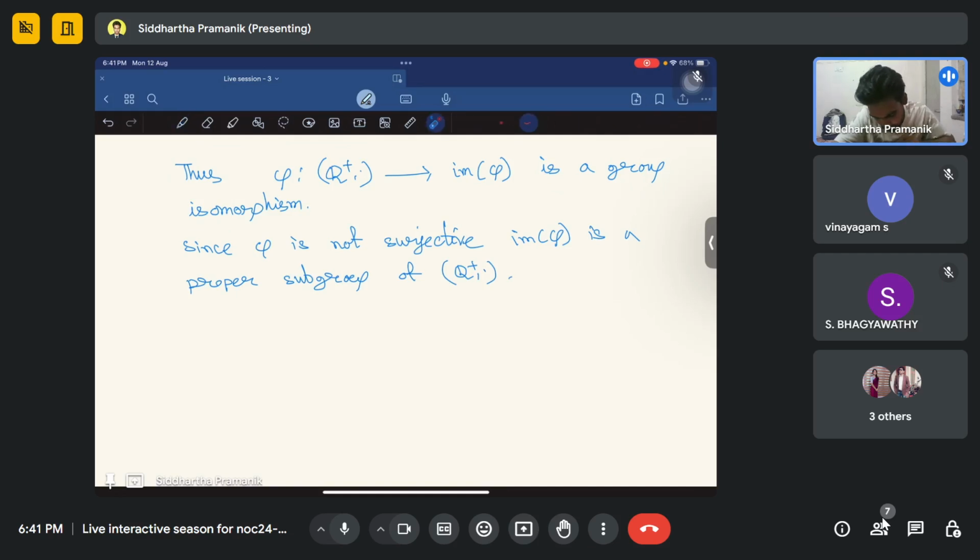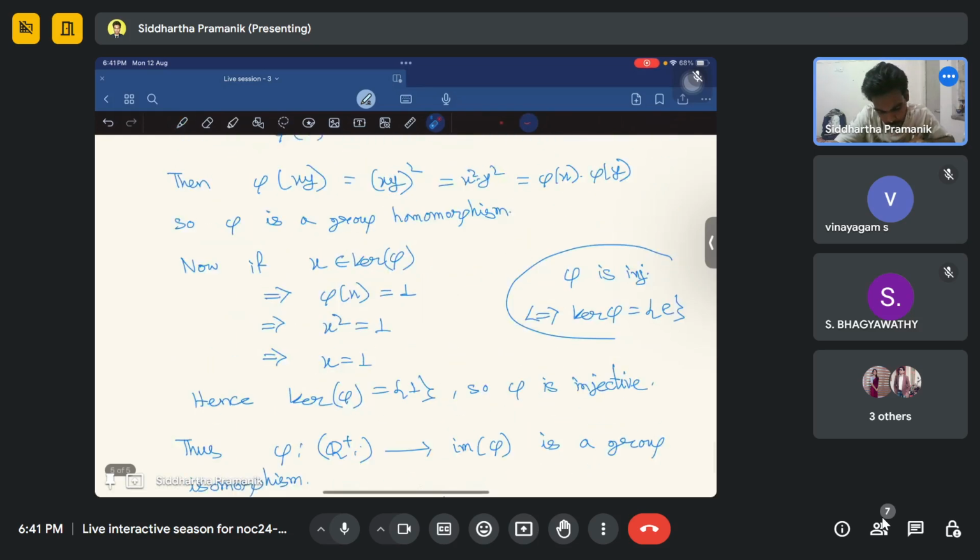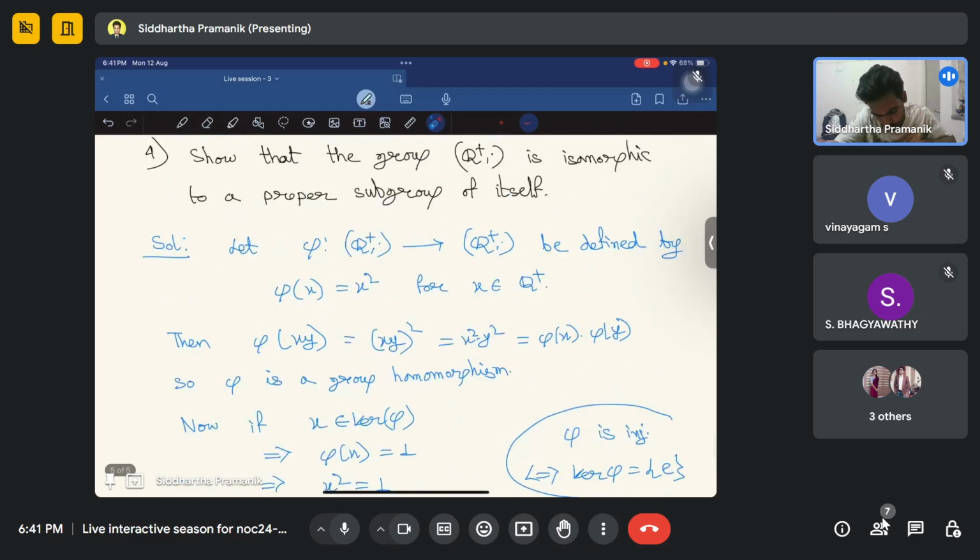But can you prove that phi is not surjective? Anyone? So you need to prove this map is not surjective. So there should exist some element in this codomain which has no pre-image, right? So can you give one element at least which has no pre-image?